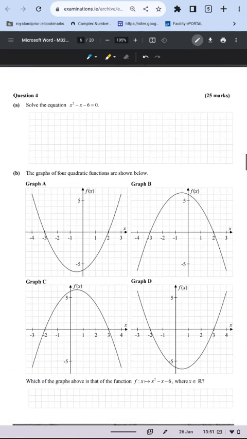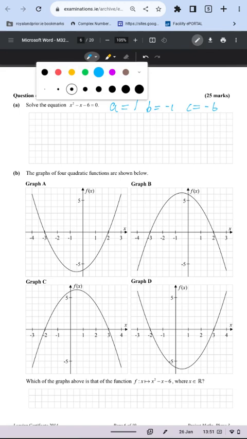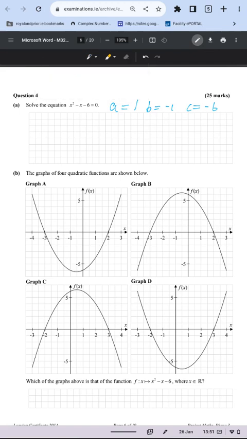Number 4. You've got to solve the equation. So again, use your minus b, your a, b, c. So your a is 1, b is minus 1, c is minus 6. Fill it into your formula. I'll write it out this time, I have a bit of room.